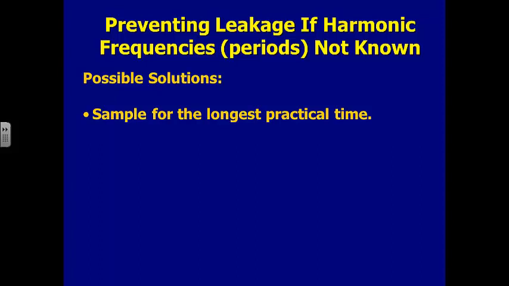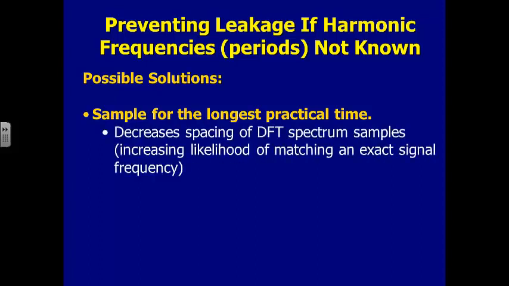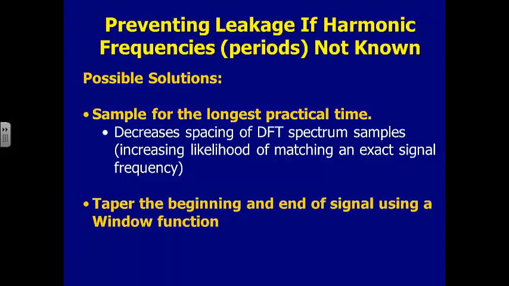So the more samples I take, the more likely those end samples are dying out. I've got pretty much all the data that matters. So that's a good thing. More samples means more samples in the frequency domain, finer spacing. I just increased the probability that I got a sample right at the frequency I need. So you're playing a probability game. Usually that's a little bit impractical.